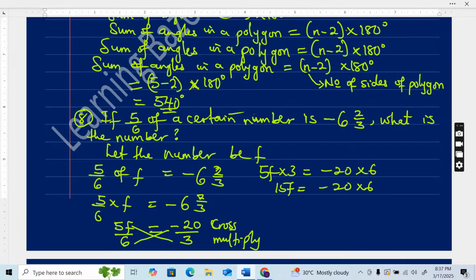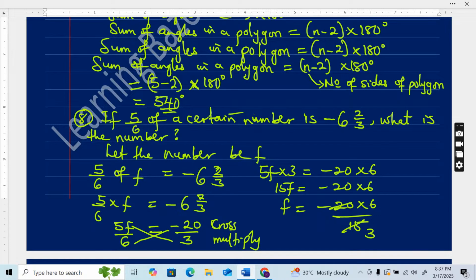At this point, we are going to divide both sides by 15 so that f can stand alone. So that will be minus 20 times 6/15.